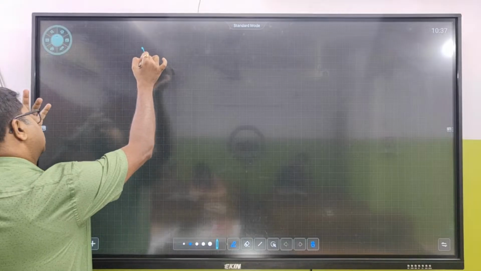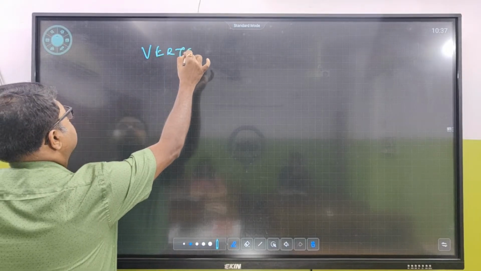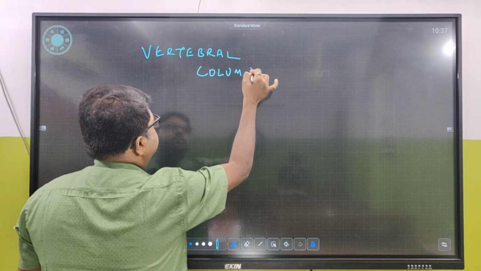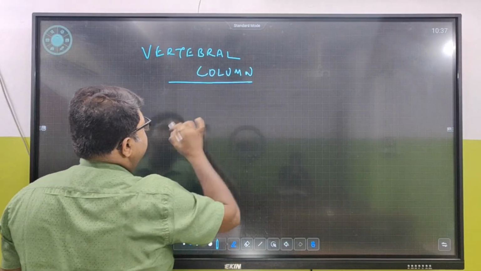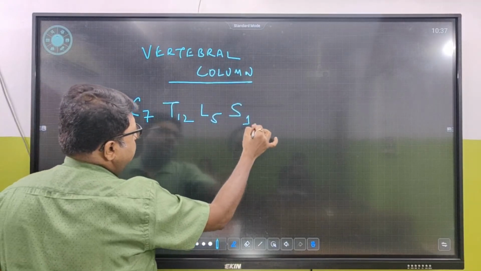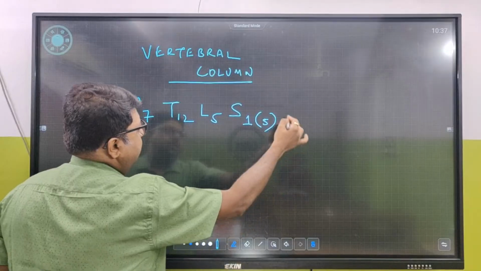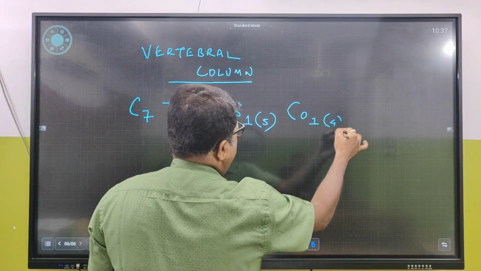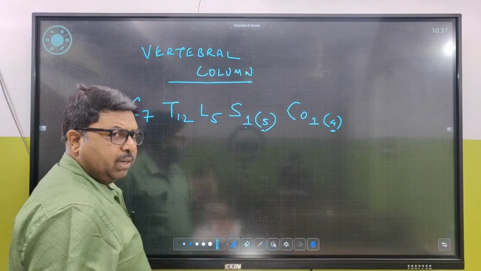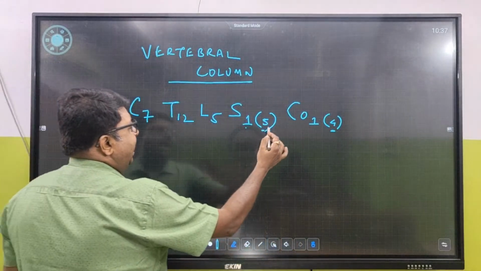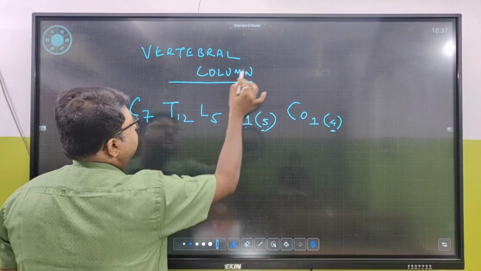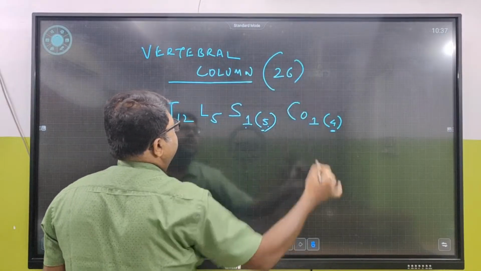When we talk about the vertebral column, there's a formula: C7, T12, L5, S1 in bracket 5, coccyx 1 in bracket 4. So 5 of them fuse to become 1, 4 of them fuse to become 1. We are not going to add the bracket ones. So 7 plus 12 is 19, 20, 21 and 5 is 26 bones.